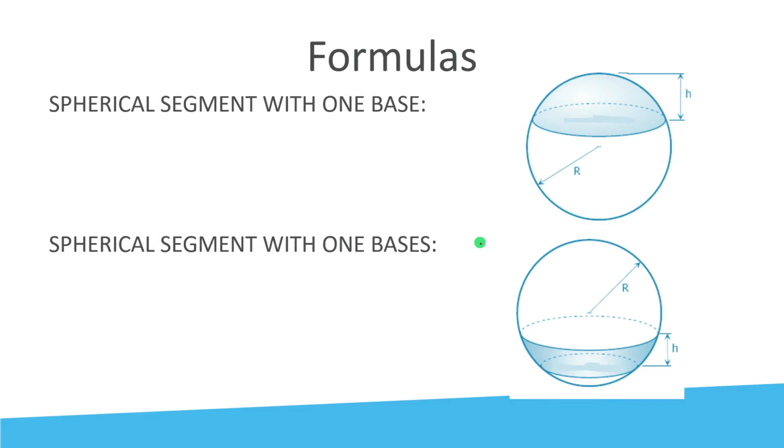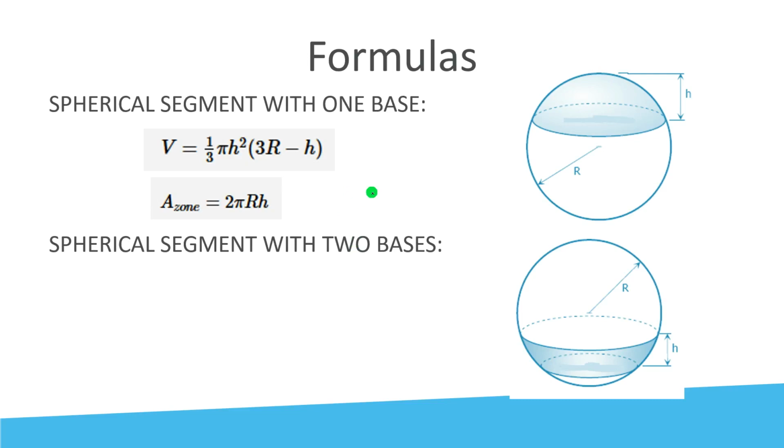Now, what are the formulas that we can use in determining the volume and the surface area of a spherical segment? For one base, for the volume, we have 1/3 pi h squared times (3r minus h). For the area of the zone, or the lateral area or the surface area of the spherical segment, we have 2 pi rh.